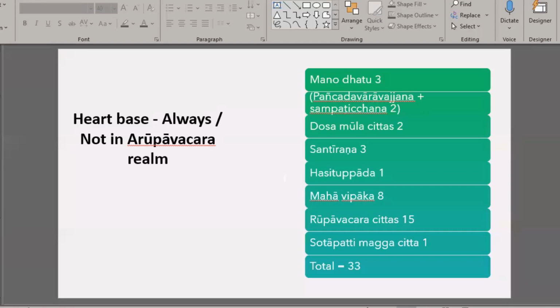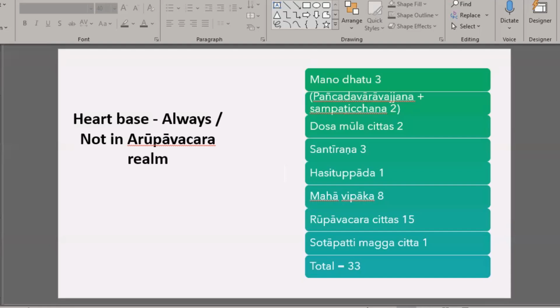Then Somanassa Santirana, how many functions? There are two functions for Somanassa Santirana: the Santirana function and the Tadarammana function. It performs the Santirana function in the Rupavachara realm, and it can perform both Santirana and Tadarammana functions in the Kama realm.